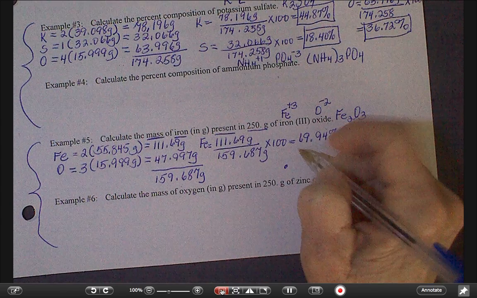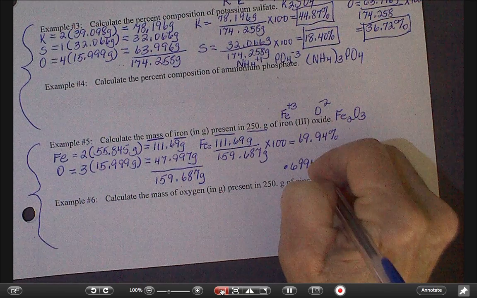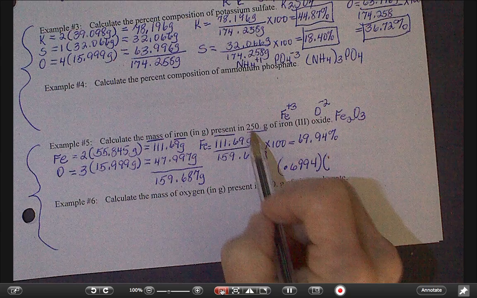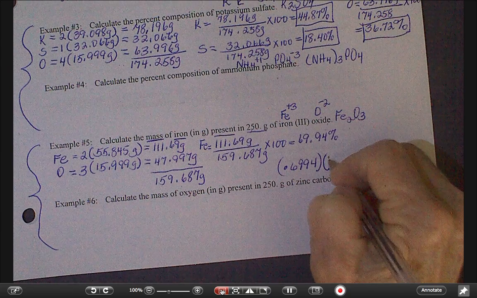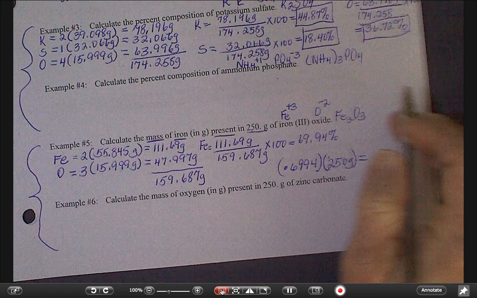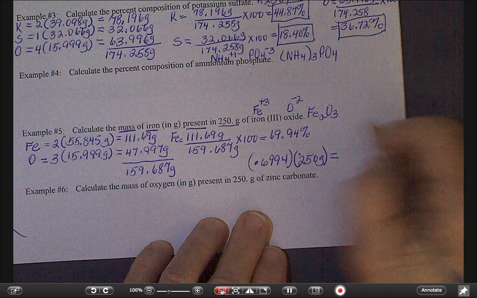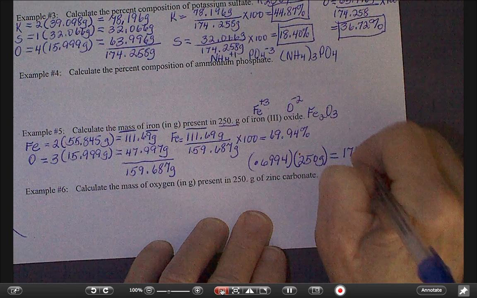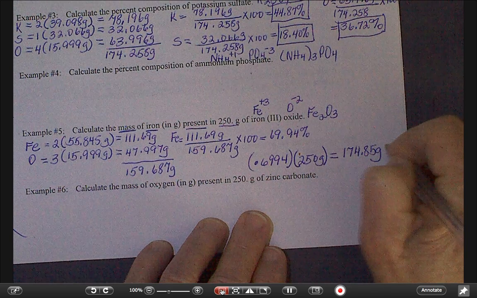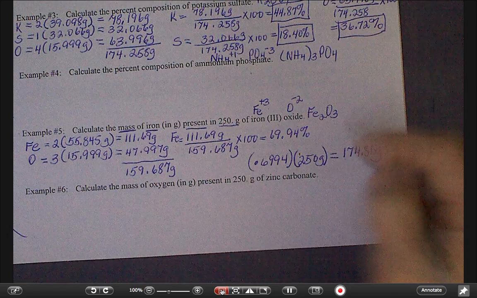So 0.6994 times the 250. Very good. And I get 174.85 grams of Fe. And that's your final answer.